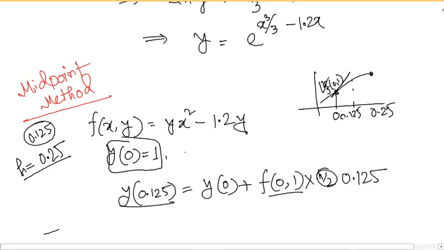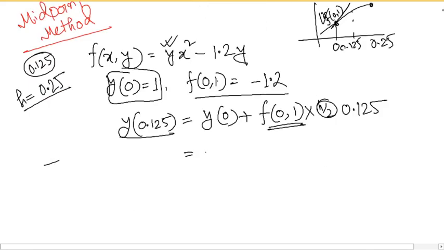Putting 0 and 1 in this equation gives minus 1.2. So y0, 1 plus minus 1.2 multiplied by 0.125, that is the slope at the midpoint, which will be 0.85.